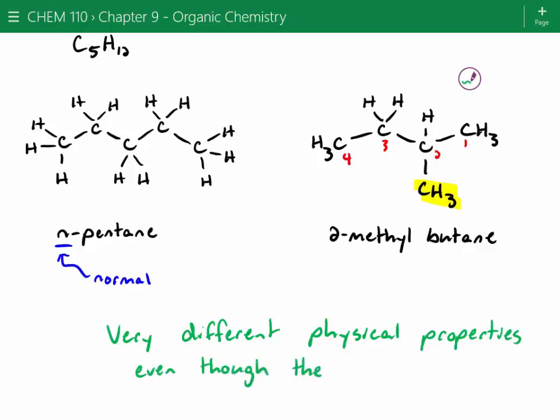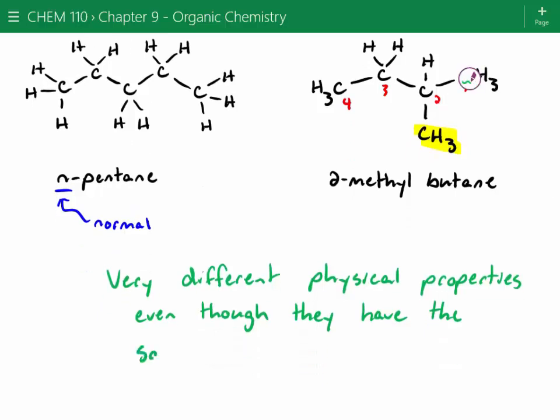So they have different surface areas. Yeah, exactly. So we can think of this as being, one's way more branched than the other, so it's more compact, it's kind of tighter. The other one's kind of like long spaghetti noodles. It's got very different properties because of that. The same molecular formula.